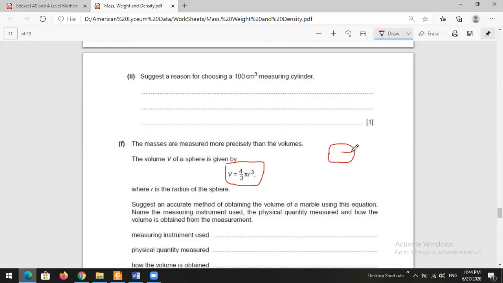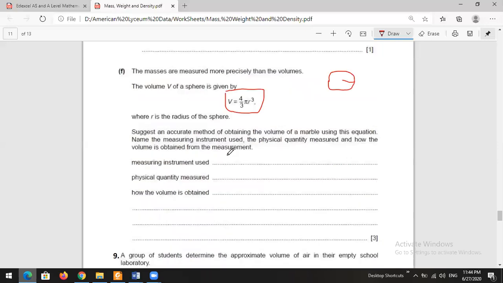So this one is the radius of the sphere. The radius of the sphere suggests an accurate method of obtaining the volume of the marbles using this equation.